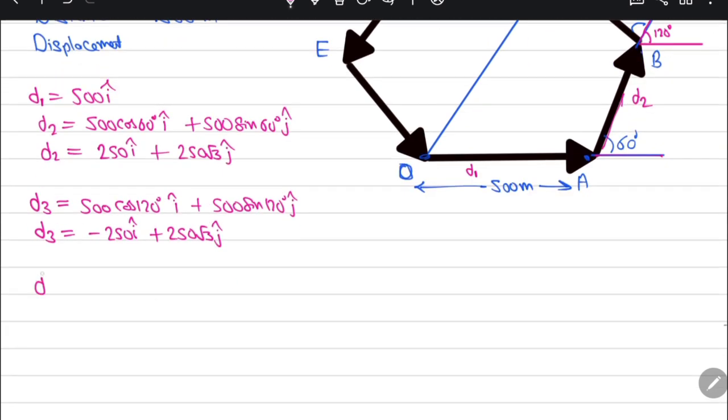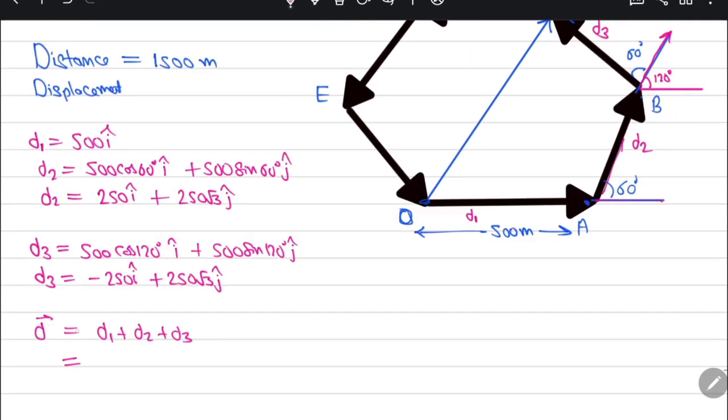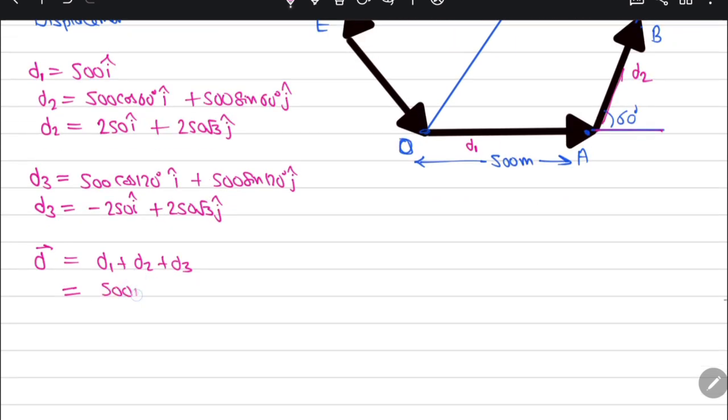If we find the displacement, that means d1 plus d2 plus d3: 500 i cap plus 250 i cap plus 250 root 3 j cap minus 250 i cap plus 250 root 3 j cap.